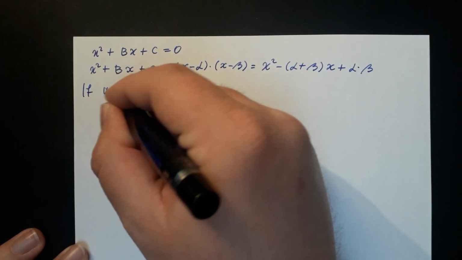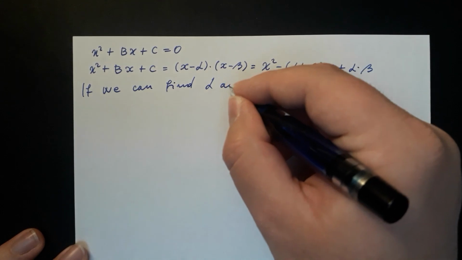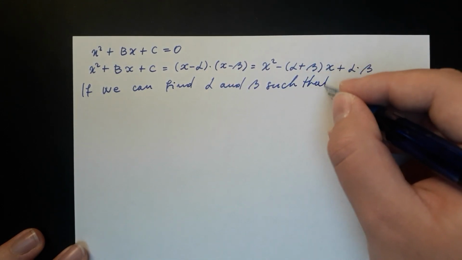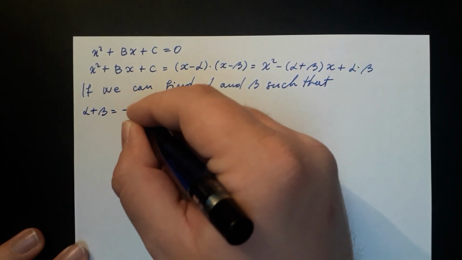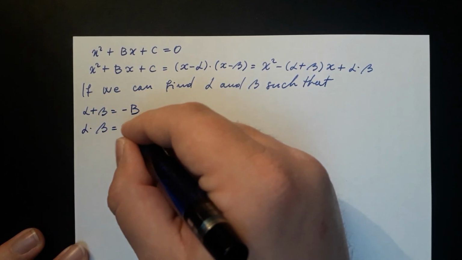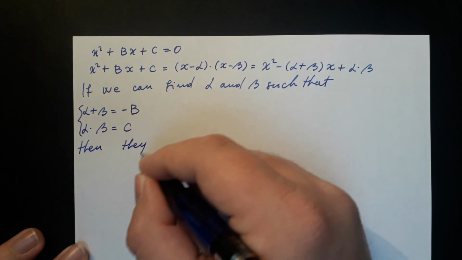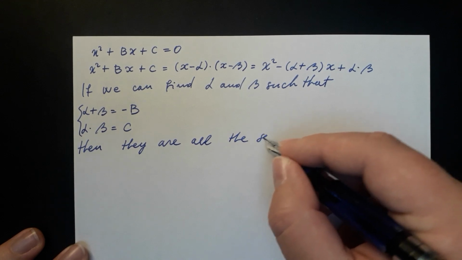If we can find alpha and beta such that alpha plus beta is equal to negative b, and alpha multiplied by beta is equal to c, then they are all the solutions.